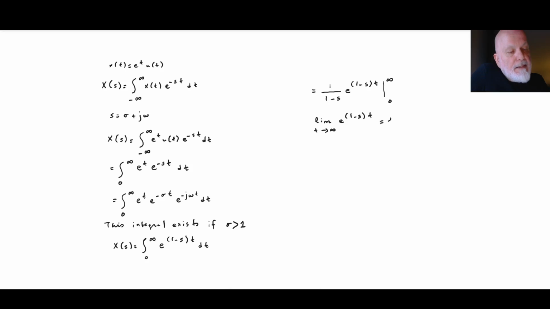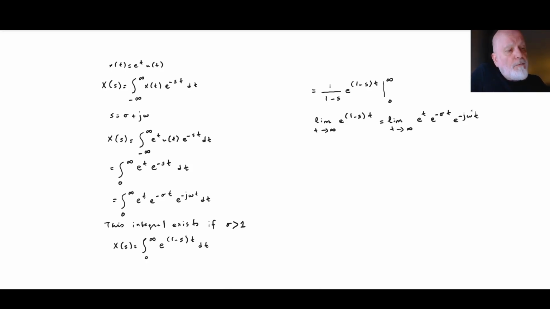This is the limit as t tends to infinity of e to the t, e to the minus sigma t, and e to the minus j omega t. Now, as I have already mentioned, e to the minus j omega t is finite in magnitude. This magnitude is in fact equal to 1.